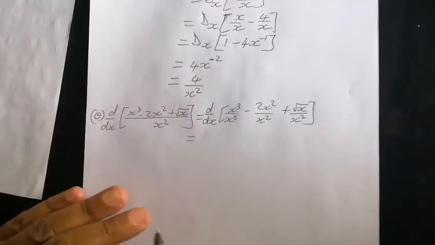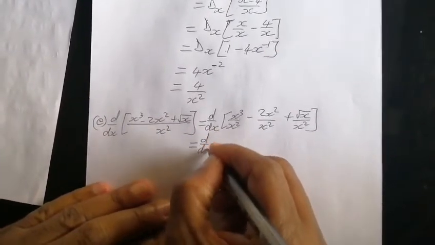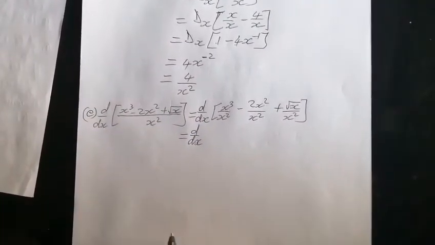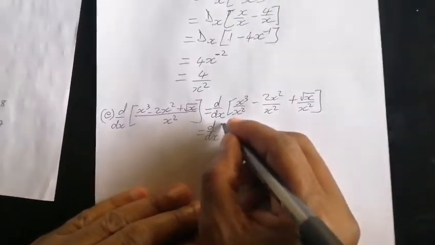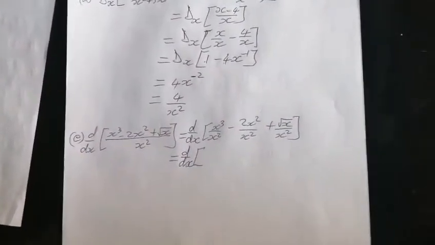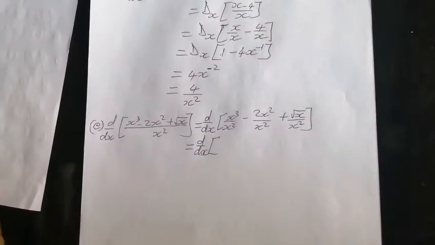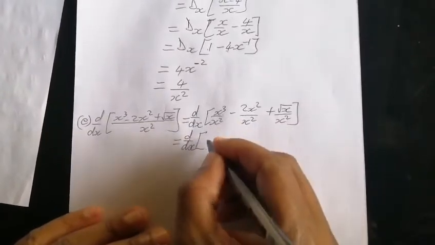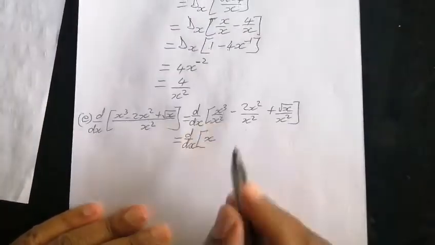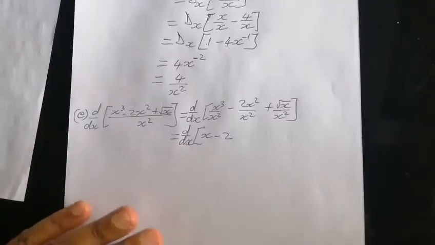This is equal to d/dx. When you are not differentiating, please don't drop the d/dx. We are just simplifying for this expression to be in a form where we can apply the rules. This gives us x. This gives us minus 2.